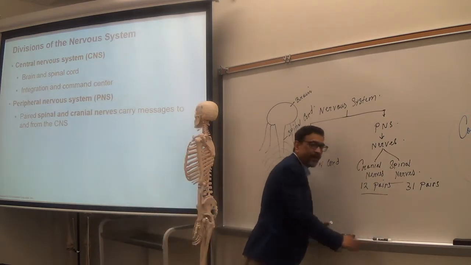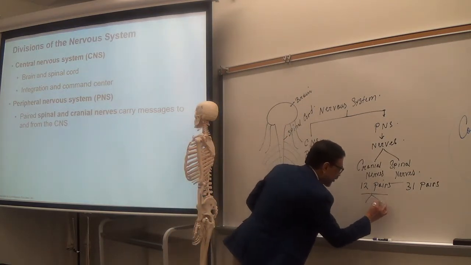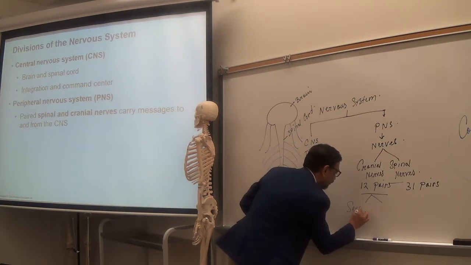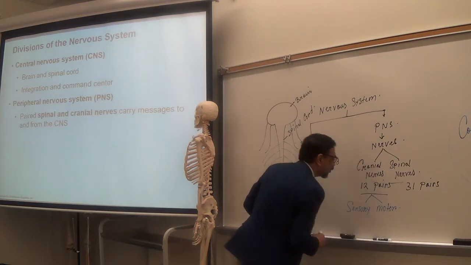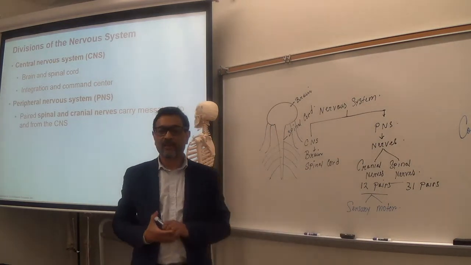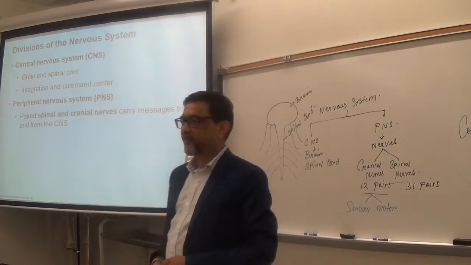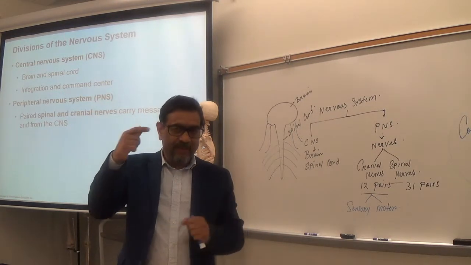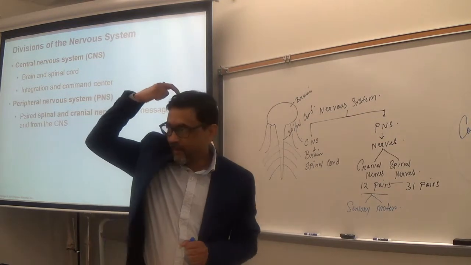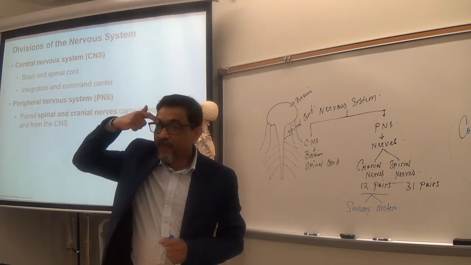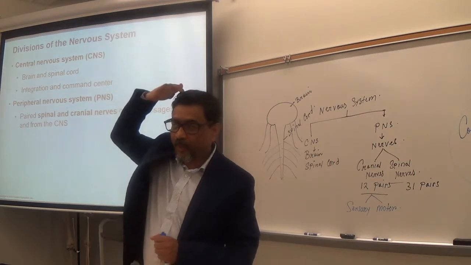Now, cranial nerves could be sensory and motor. Two types, sensory and motor. Now you tell me, when you see something, I gave you that example, from the eye, the signal is taken to the brain, right? Sensory input. So that is sensory because the signal is going from the eye towards the brain.